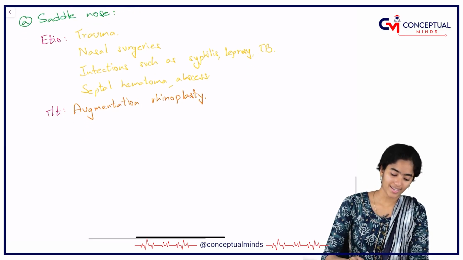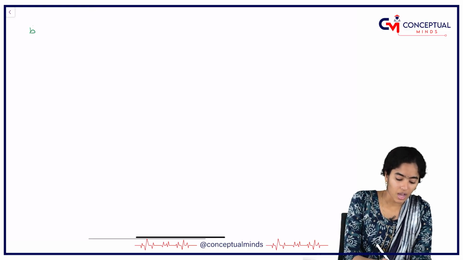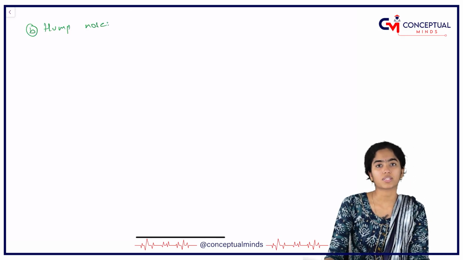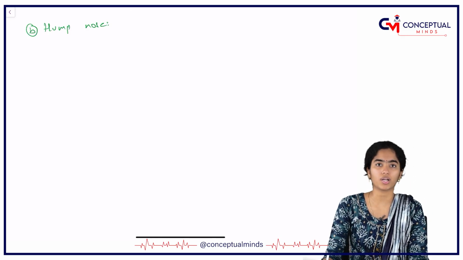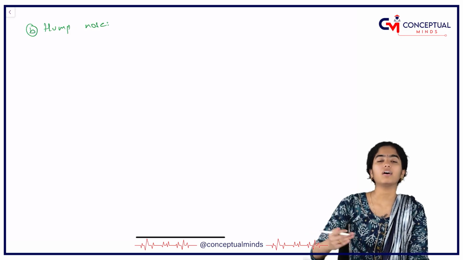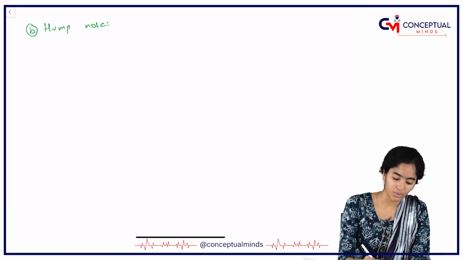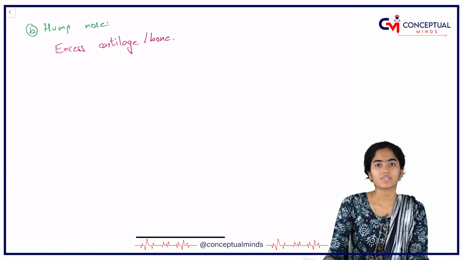Let's move on to the next one, and that is hump nose, the exact opposite. What is hump nose? There is excess of bone or cartilage. It appears like an elevation, like a swelling. Okay, that is hump nose. Now with hump nose, there is usually only a cosmetic concern. There is no functional abnormality.